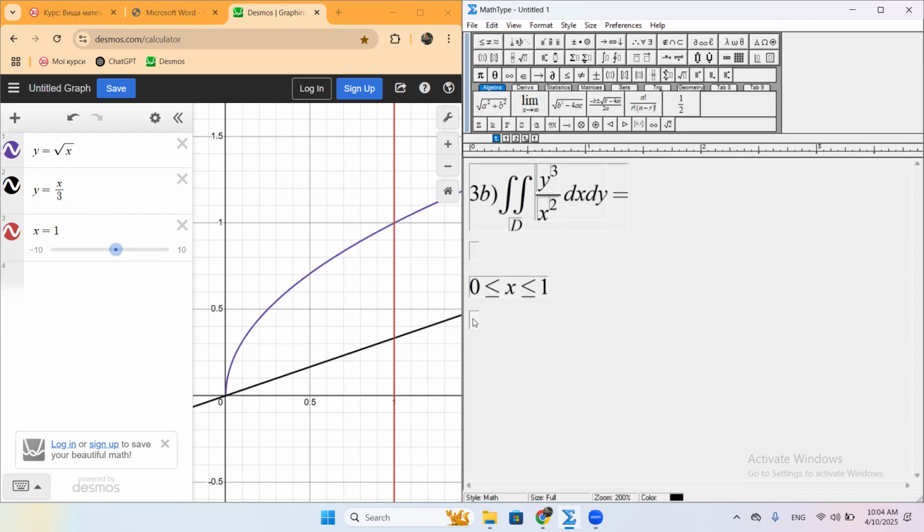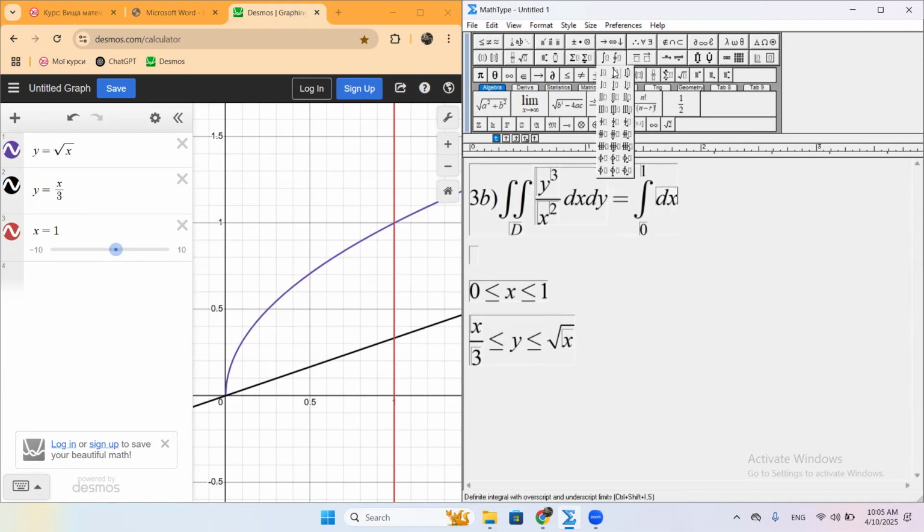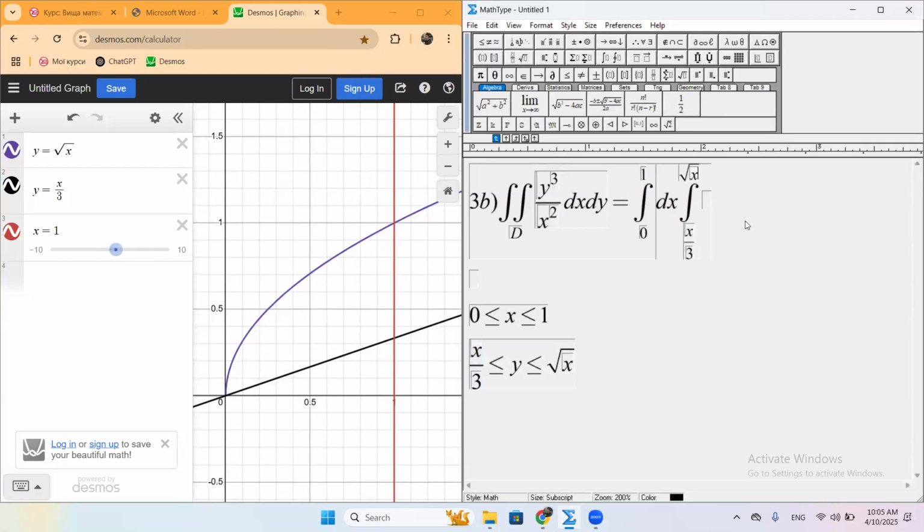And y is bounded by the functions x over 3 and square root of x. So now let's rewrite this integral with the assigned limits: x from 0 to 1 dx, and y from x over 3 to square root of x.